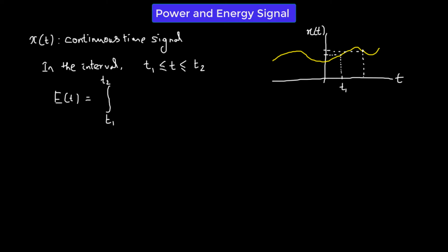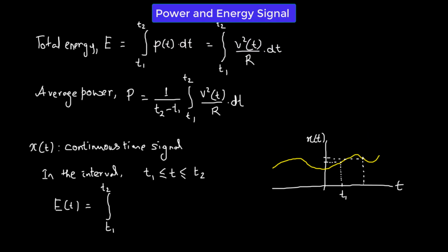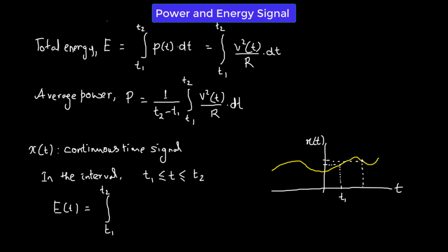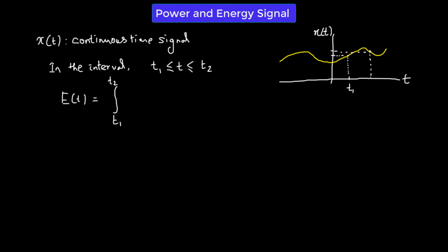If we recall from the previous section, we found that the total energy is given by something squared, which is the voltage squared over R times dt, so maintaining the same essence, we can write here the absolute value of the continuous time signal squared times dt. Now there's a reason behind using the absolute value here and squaring it.